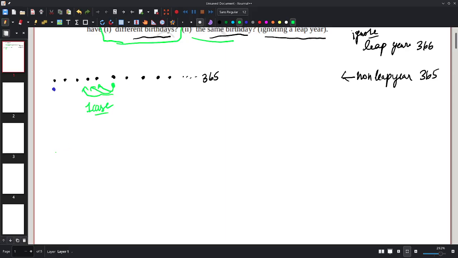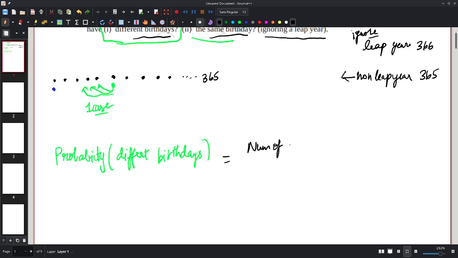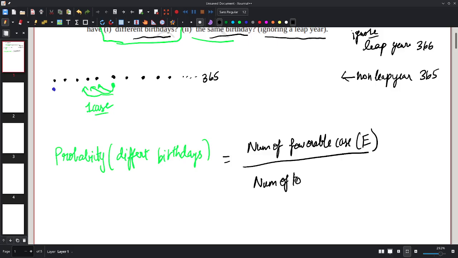The formula to find the probability of having a different birthday is the number of favorable cases, that is, the cases given in the question as per the event, divided by the number of the sample space, the number of total cases. The total cases is 365, so each day is considered as each case.